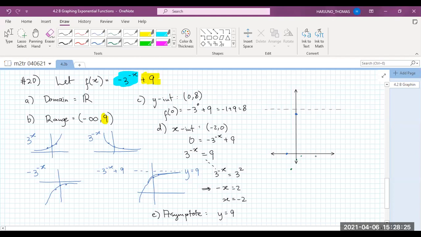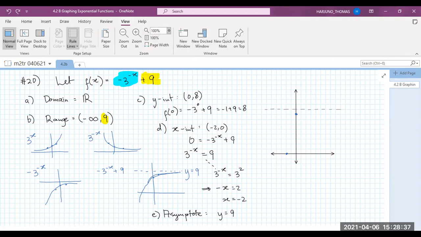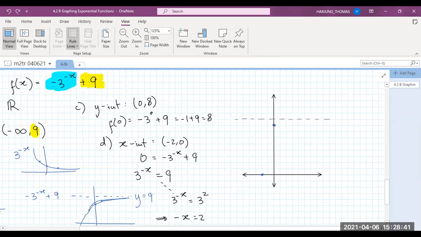So approximately this is what the graph looks like before you move it up 9 units. When you move it up 9 units, then you will get these three coordinates. Let me enlarge this so that we have a better view. So this will be here and here.